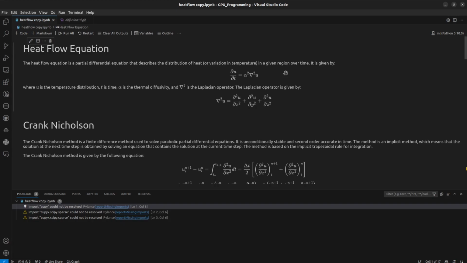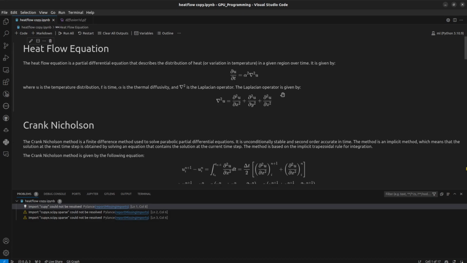In one dimension this curvature operator, which is also known as a Laplacian, is just the second derivative in x, but for more dimensions that generalizes to the Laplacian operator, which is given here.